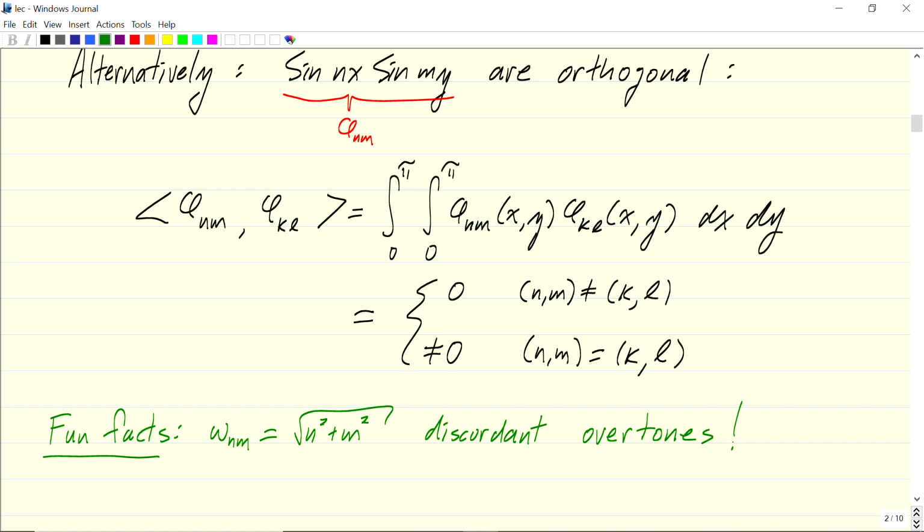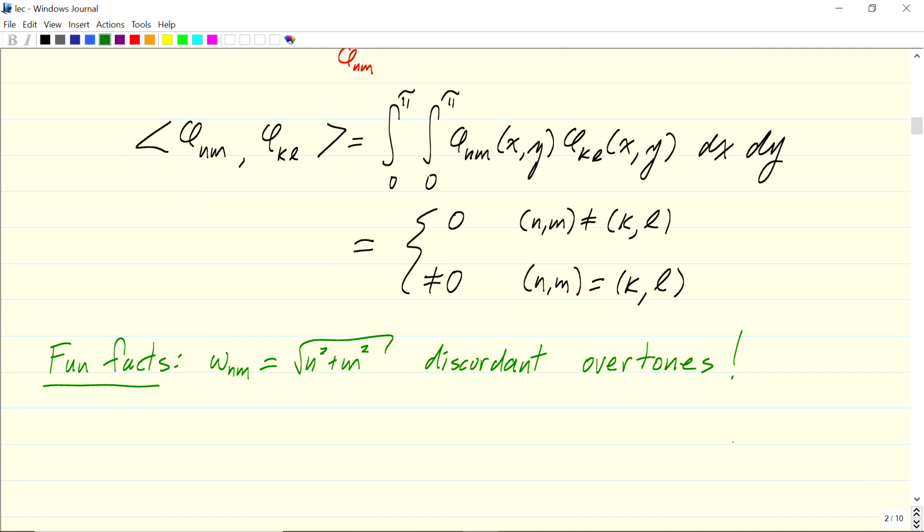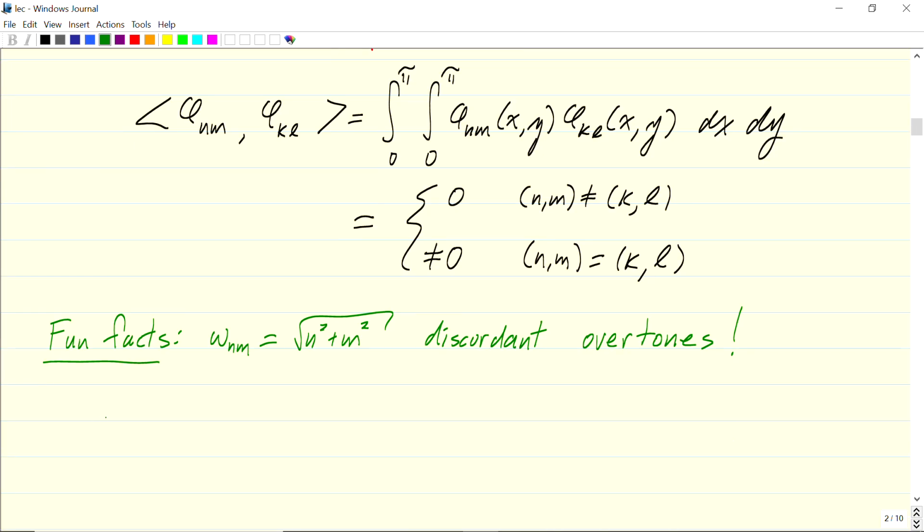And if you think about it, another strange thing. A string, the frequencies were omega n equals n.